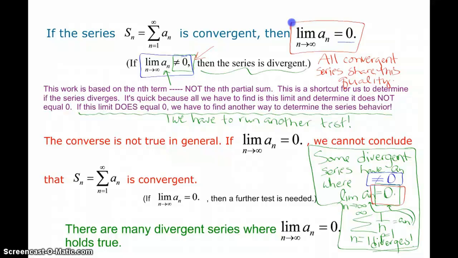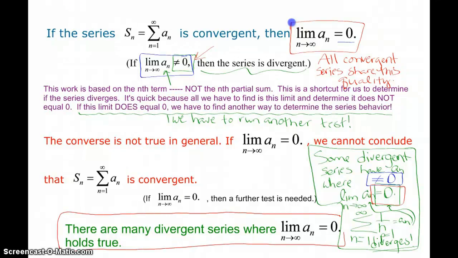So remember, there are many divergent series where this limit will equal 0. It is not true that if the limit equals 0, the series is convergent. Not true. If the limit equals 0, then the nth term test for divergence fails.